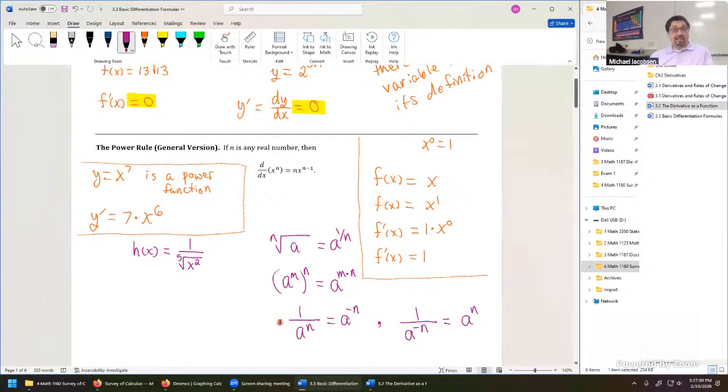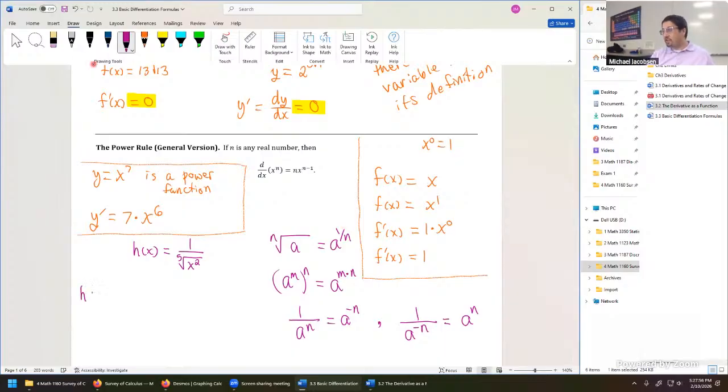This last exponent law is essentially saying if we change positions from numerator to denominator, we change the sign of the exponent. In this configuration, exponents multiply, and the nth root is just a fractional exponent, 1 over n.